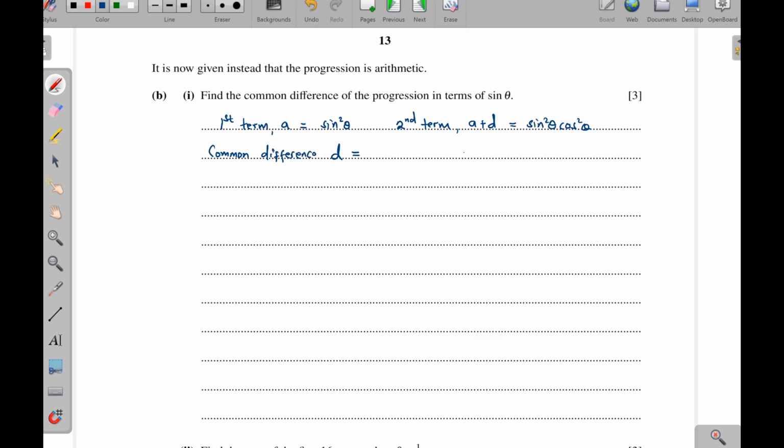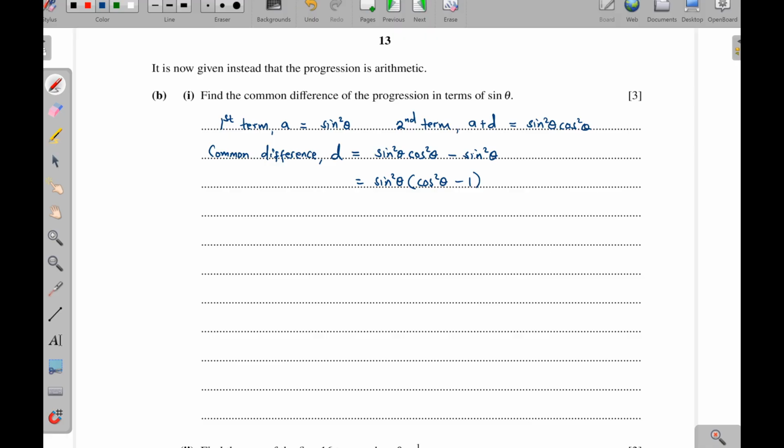The common difference d shall be equal to the second term, which is sine squared theta cos squared theta, minus the first term, which is sine squared theta. And then you can see here that sine squared theta is common, so I'll factorize it. Then that means here I'm left with cos squared theta minus 1.